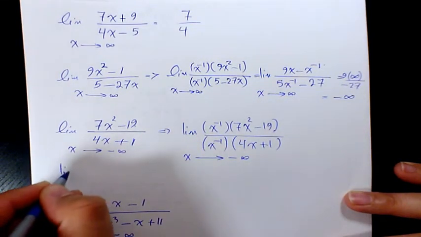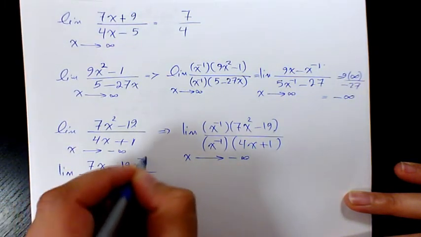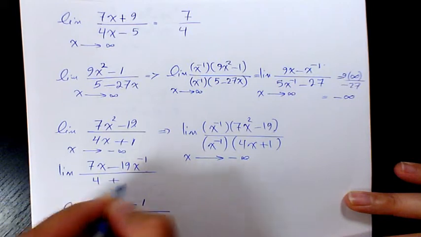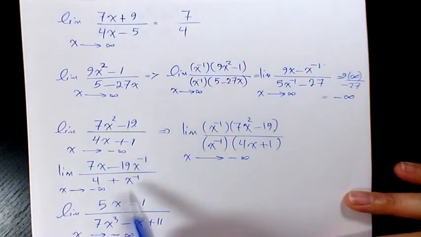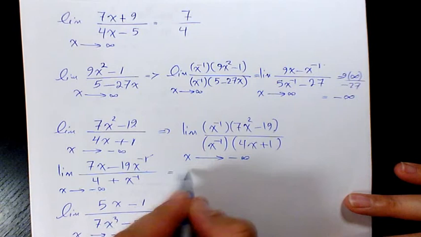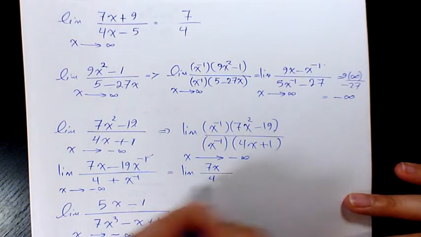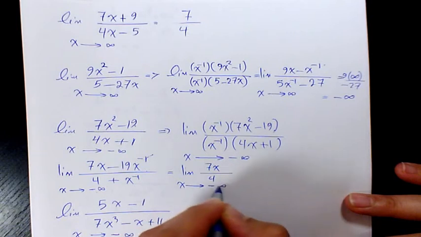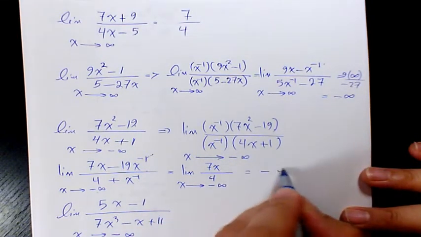That's going to be the limit of 7x minus 19x to the power of negative 1 over 4 plus x to the power of negative 1 when x is approaching negative infinity. When x is approaching negative infinity, this part and this part are going to be 0, and we're going to end up having the limit of 7x over 4 when x is approaching negative infinity. The answer is going to be negative infinity.